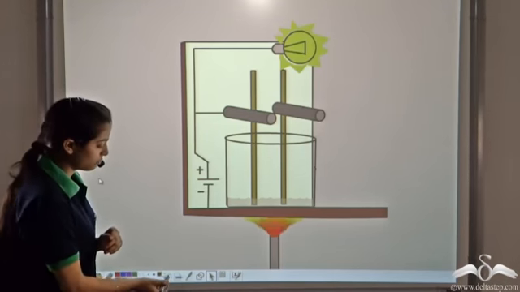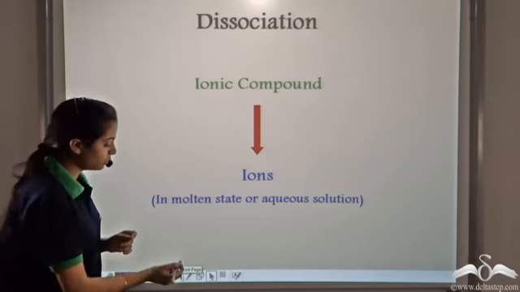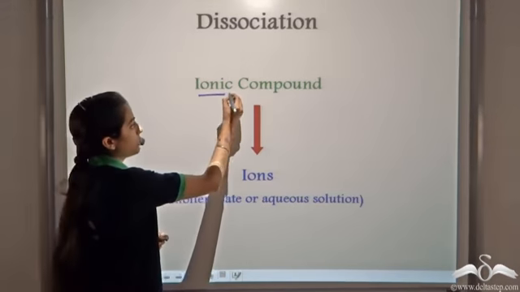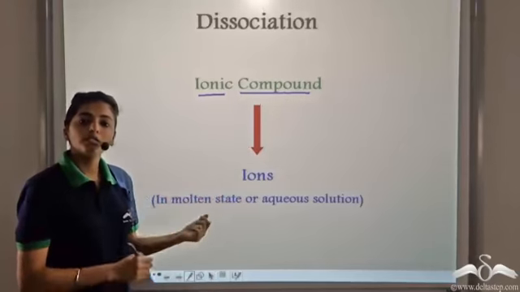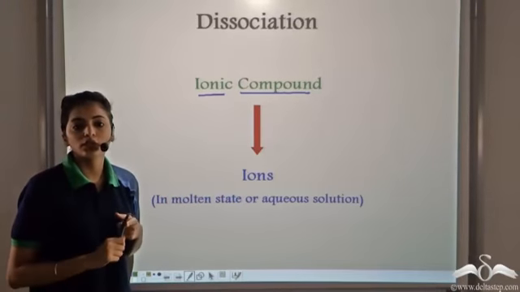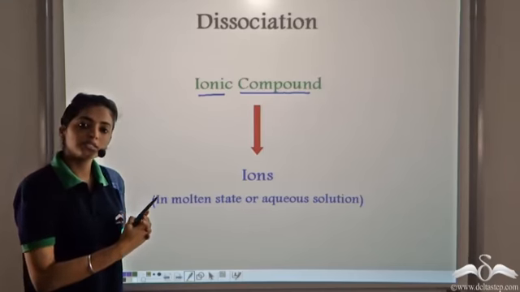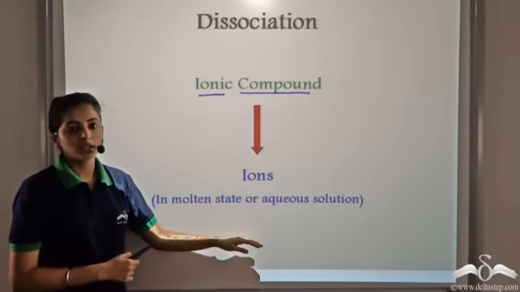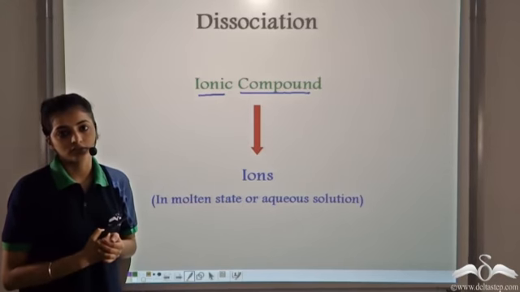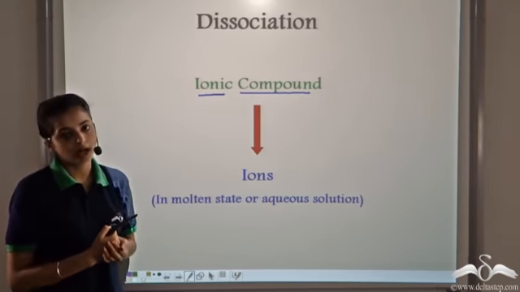So ionic compounds, since sodium chloride is an ionic compound, tend to form ions in the aqueous solution or in the molten state, and this process is known as dissociation. That is, the ionic compound dissociates to form ions.